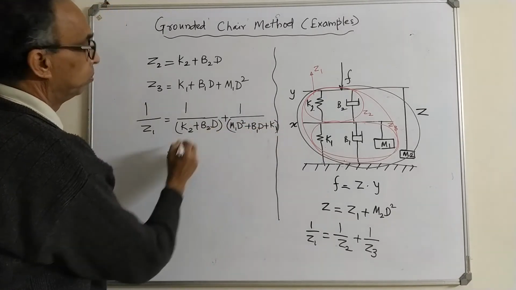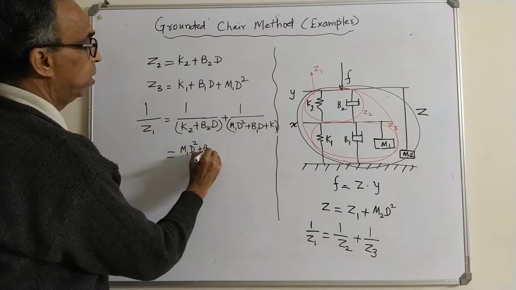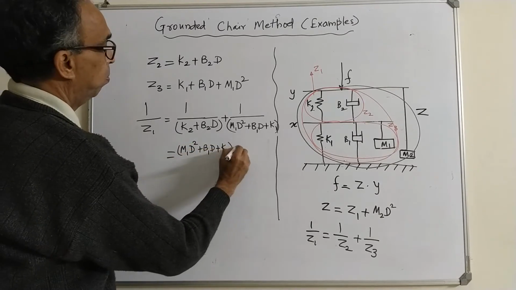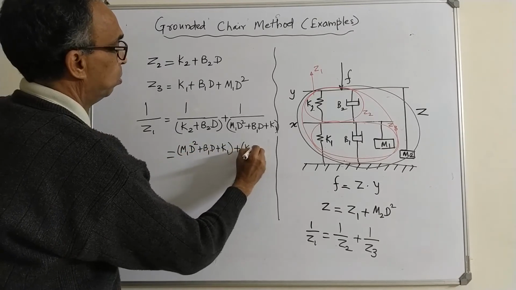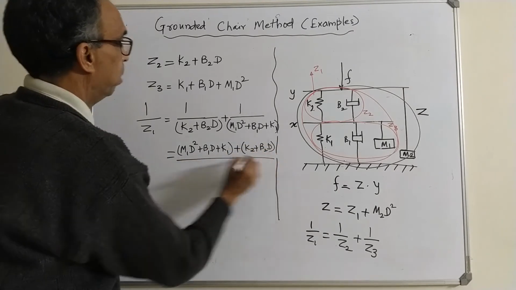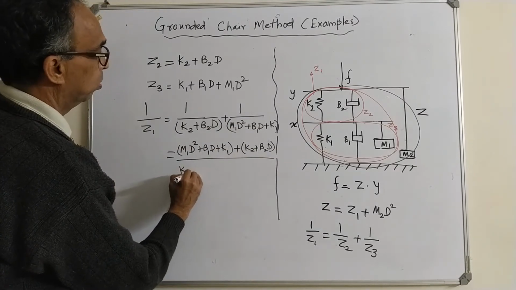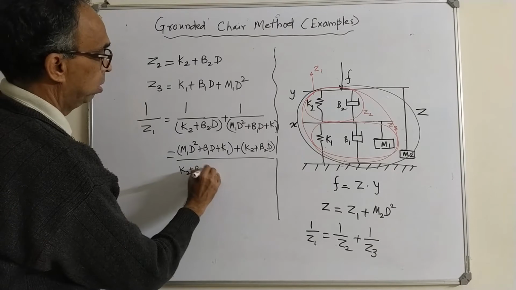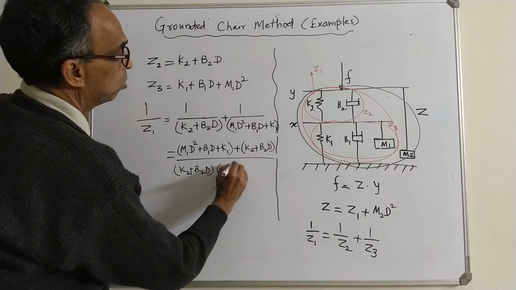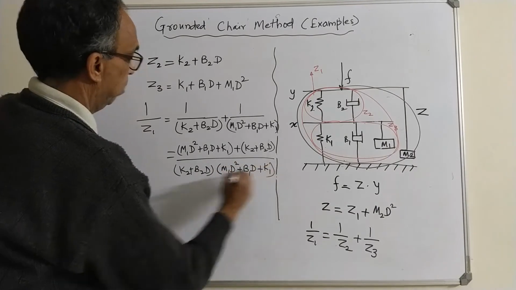That will become M1D square plus B1D plus K1, plus K2 plus B2D, divided by the product of these two: K2 plus B2D into M1D square plus B1D plus K1.